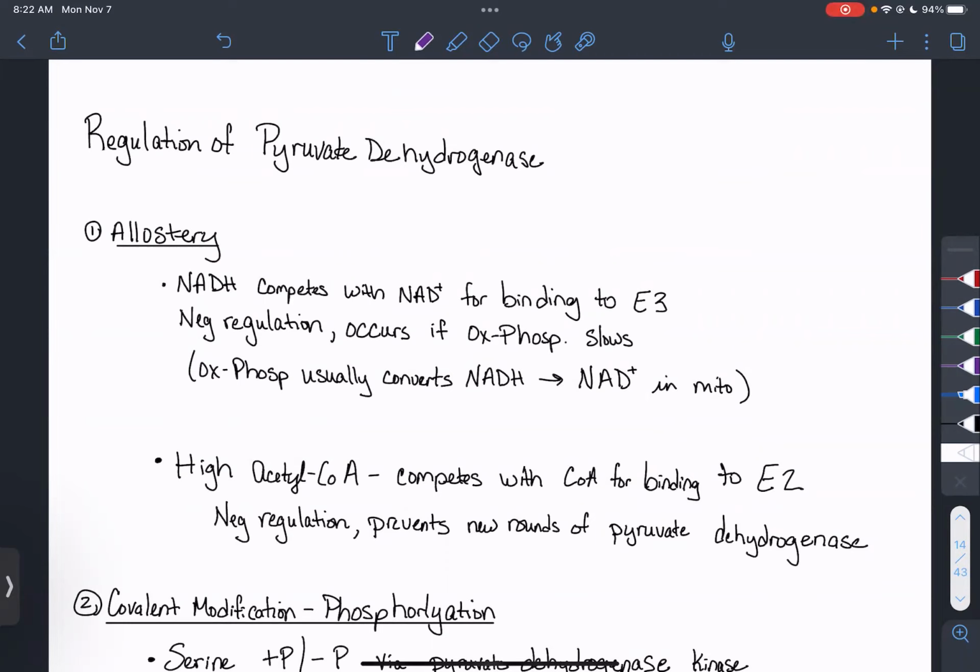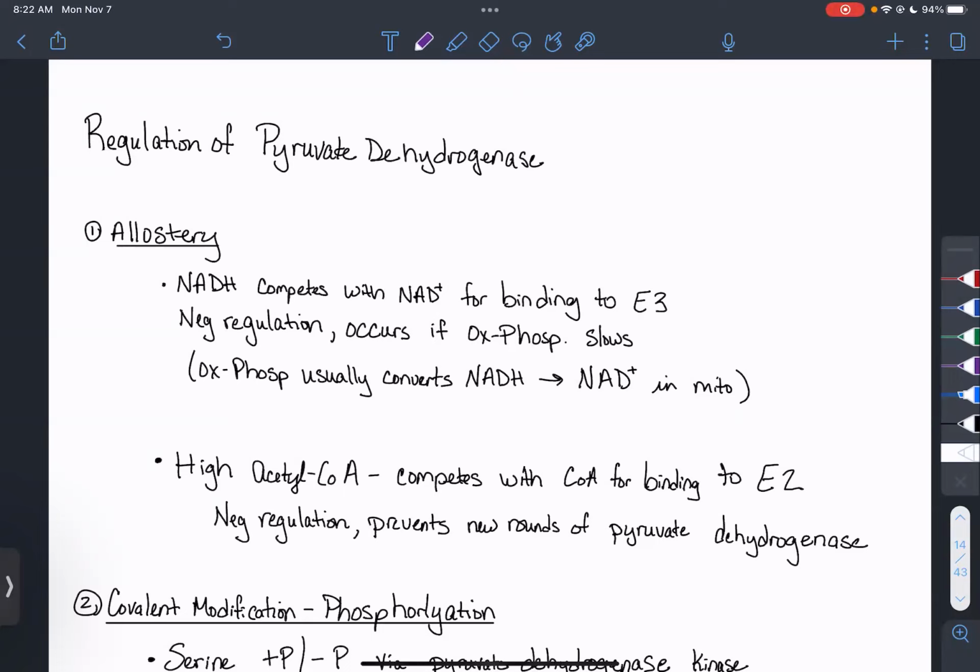All right, so let's go over our regulation of pyruvate dehydrogenase. So allostery is really, really important. So small molecule binding. And we know that it has a binding site for NAD+, but what's really cool is that NADH competes for exactly that same binding site on E3. So this is negative regulation. If you have lots of NADH, then you're going to inhibit pyruvate dehydrogenase.